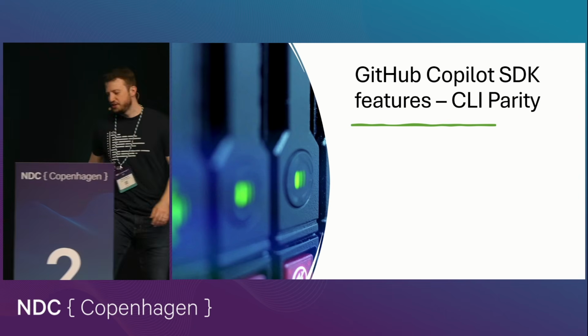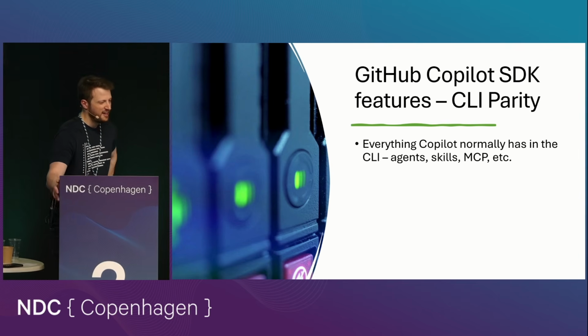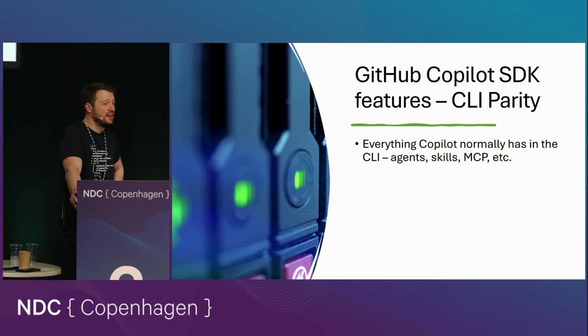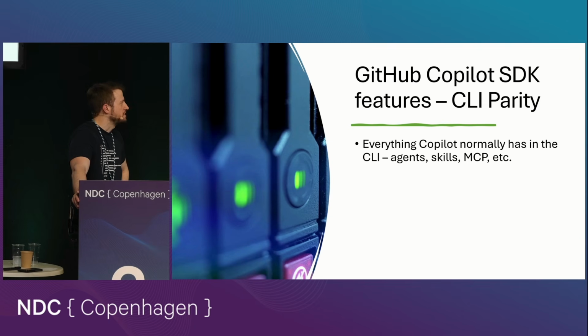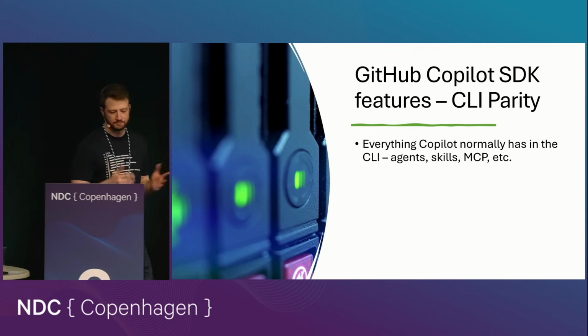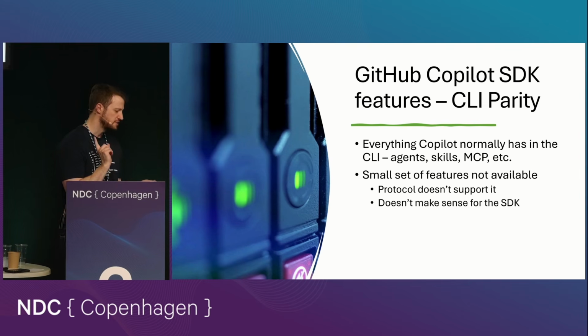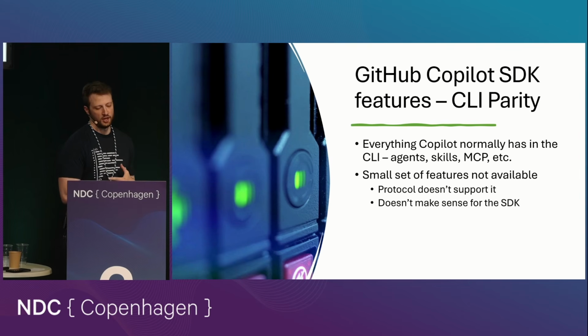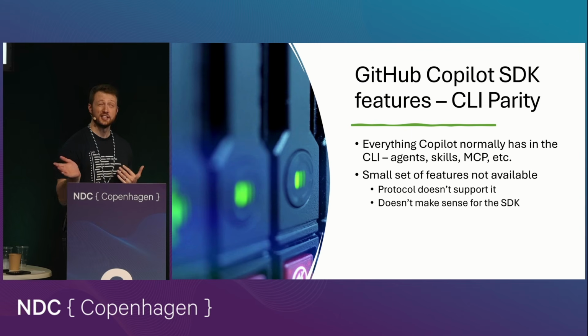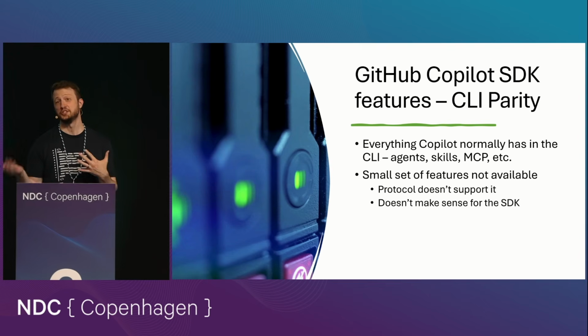So feature parity with Copilot CLI. The SDK really has everything the Copilot CLI has. Really, all the SDK is a way to surface all the CLI features in code. There are a handful of things it does not have, either because the protocol doesn't support it, like I think /share is one thing it does not have, which is something you can do to export your session history to Markdown.